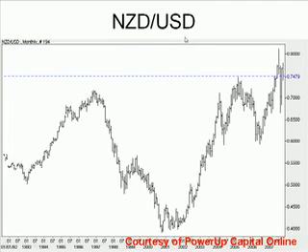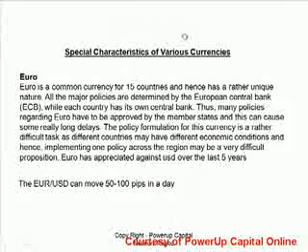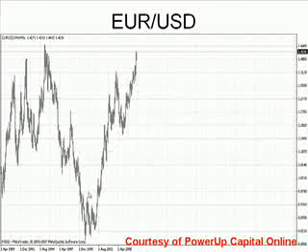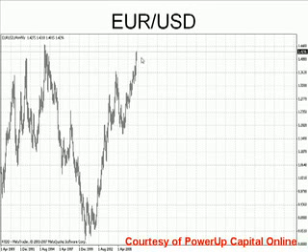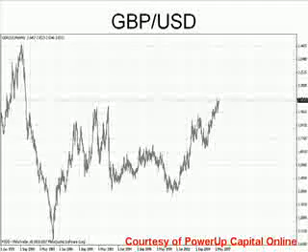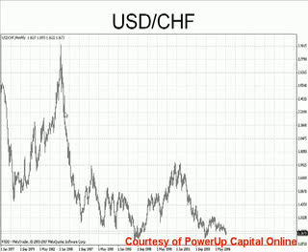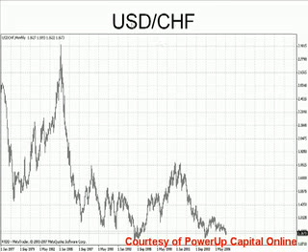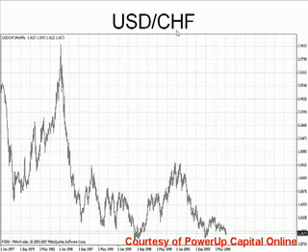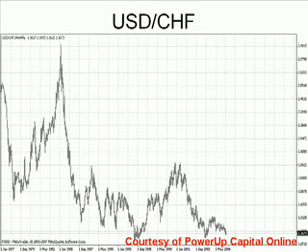That means US dollar is going down. Similarly over here, this chart is going up. That means Euro is going up, US dollar is going down. Again, this is going down. That means US dollar is going down, Swiss franc is going up. That's the end of the basics.